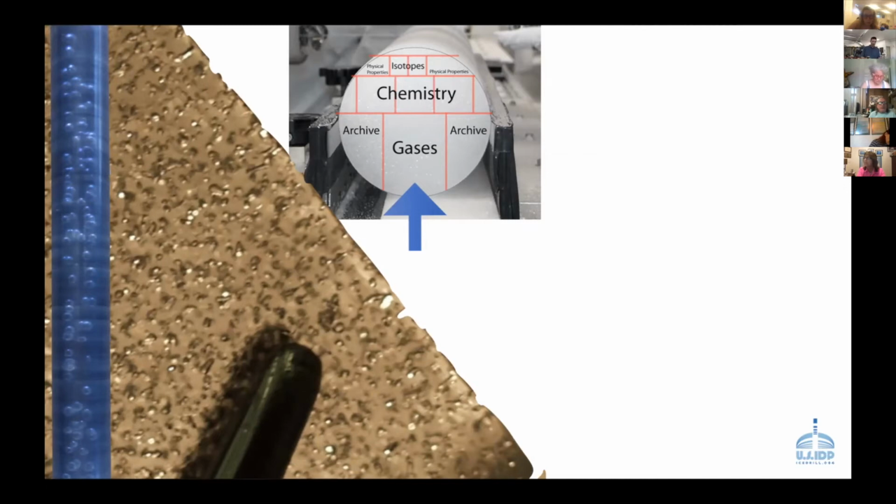But I think it is really nice that kids understand this isn't some theoretical thing. You can see the bubbles, and each one of those bubbles has captured the atmosphere from whenever that snow was laid down. So that's why they consider this a direct measurement. This is not any kind of a proxy. This is actually measuring the atmosphere from up to 800,000 years ago.